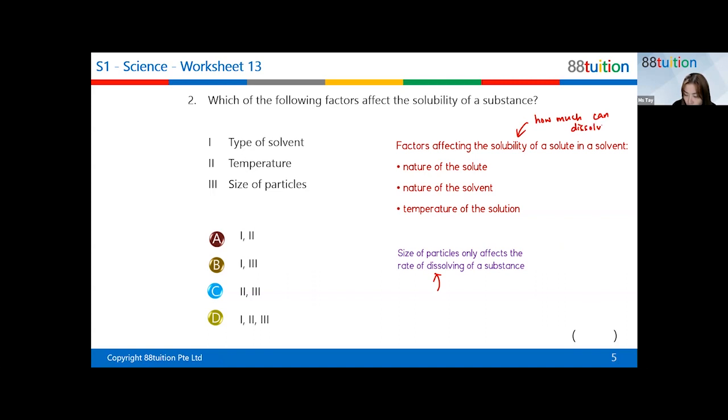If a lot can be dissolved, it is very soluble. If very little can dissolve, it is not so soluble. Then when we talk about rate, it is how fast something can dissolve. So this is about how fast or how slow. There's a difference between the two, so you need to know.